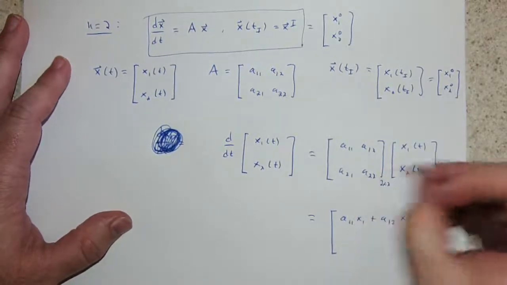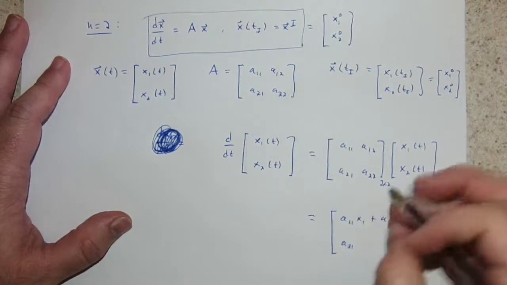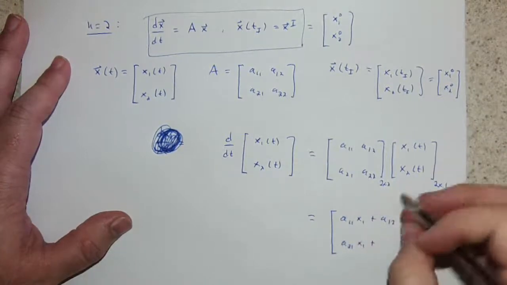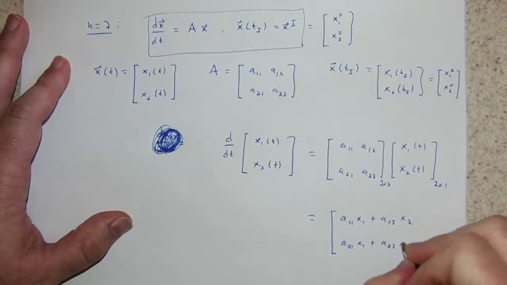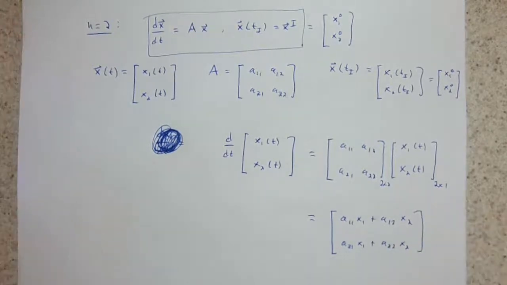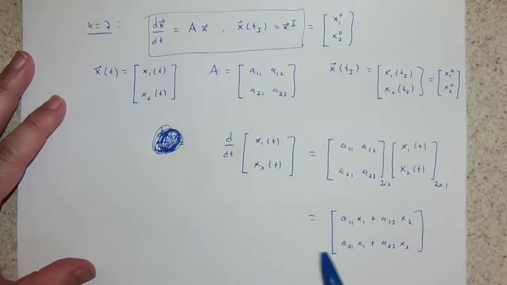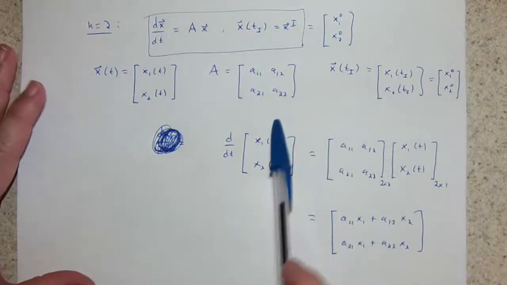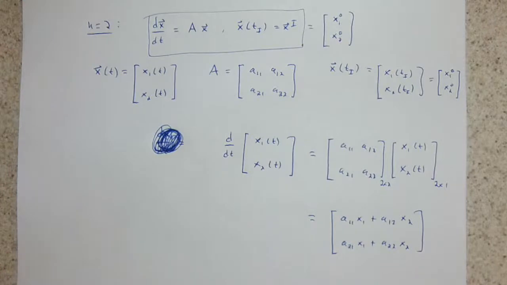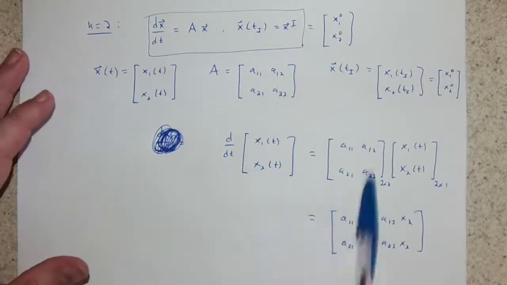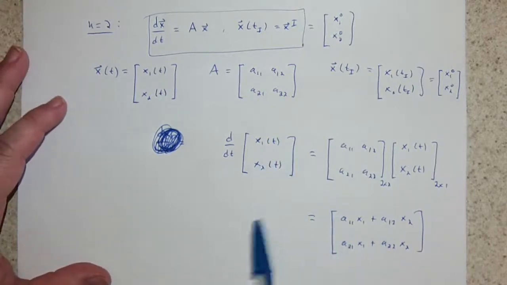And in the second entry, this would be A21 X1 plus A22 X2. But these two vectors are equal. Of course, d dt of x1 and x2 is just the derivative of each of these, so it's the vector that contains the first derivative of these two things.